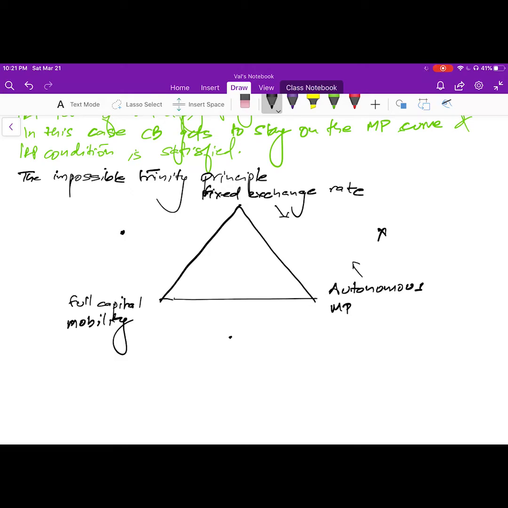So let's say what do you get on this side? You get fixed exchange rate, so you control exchange rate, and you get autonomous monetary policy. Let me clean this up a little bit and also clean the errors up to make them stand out.